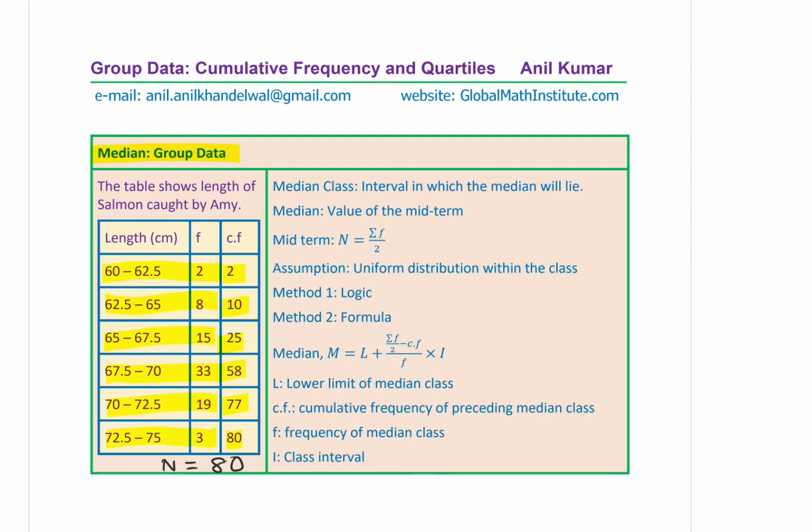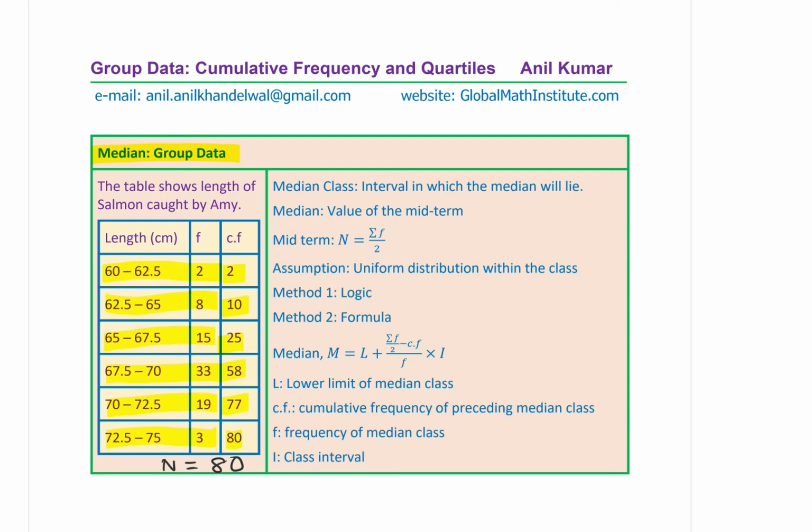Now, we'll define a few terms moving forward. One is called the median class. What is the median class? The median class is the interval in which the median will lie. See, this is grouped data. We are not getting the exact value, right?